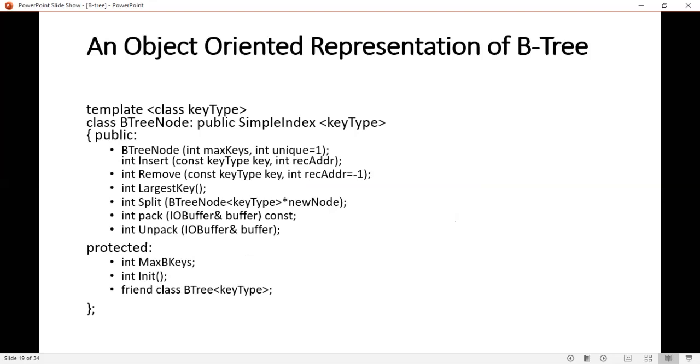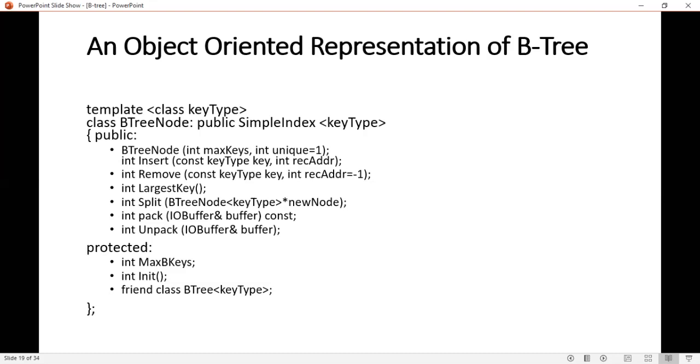next is the object oriented representation of B-tree. Okay, here you can have a template class B-tree node, which contains methods like insert, remove, and find the largest of the key, and split, pack, unpack, all these methods follow, and the protected members like maximum B keys, that is how many keys you can have, and initializing the node.